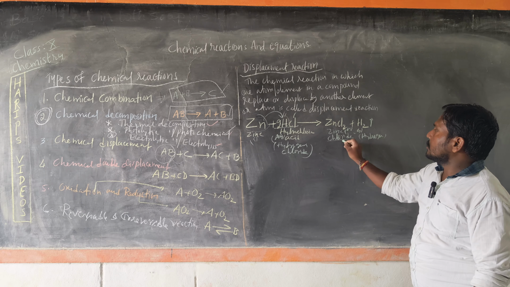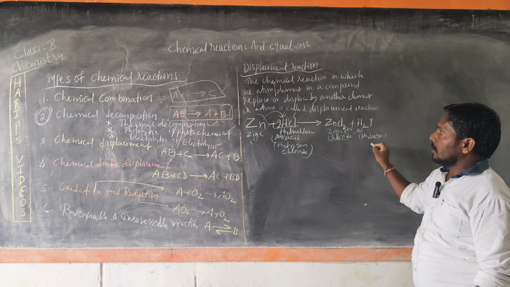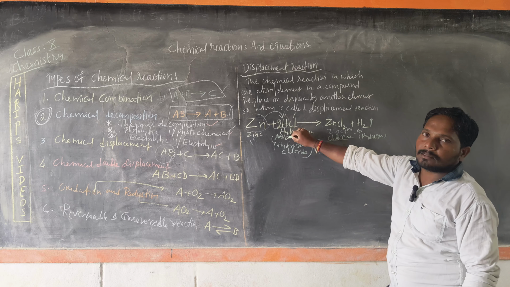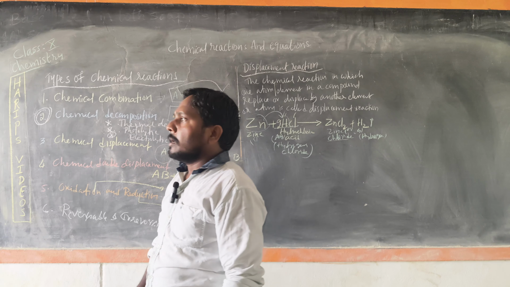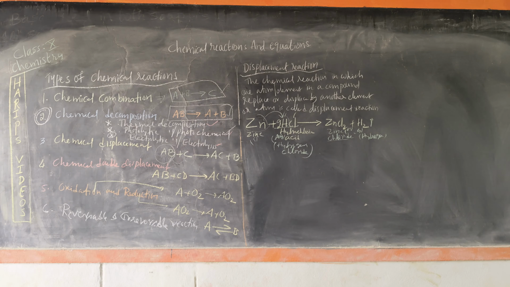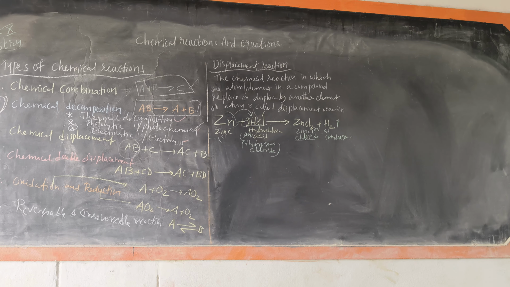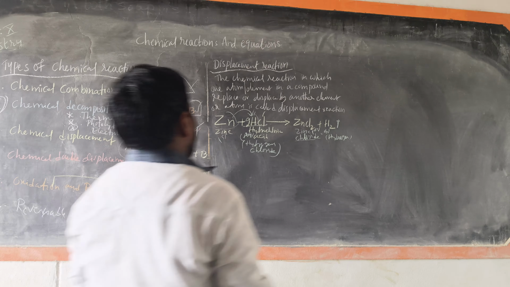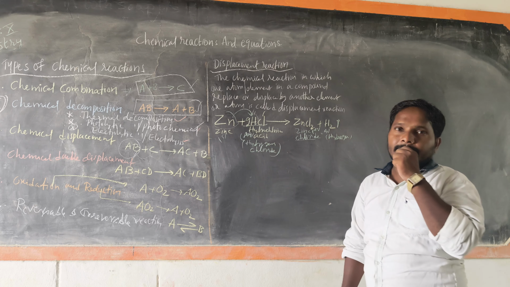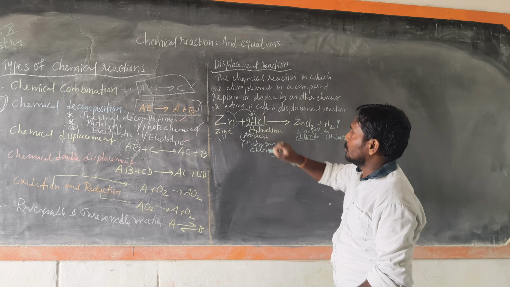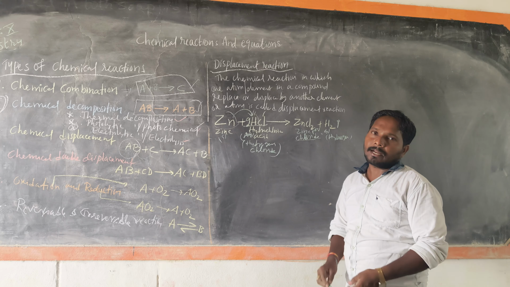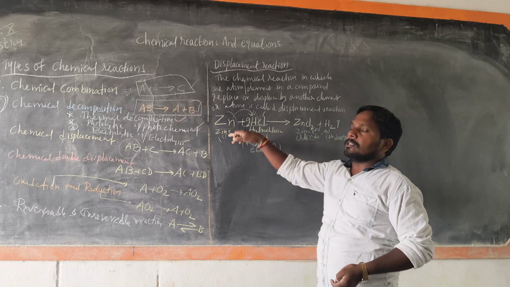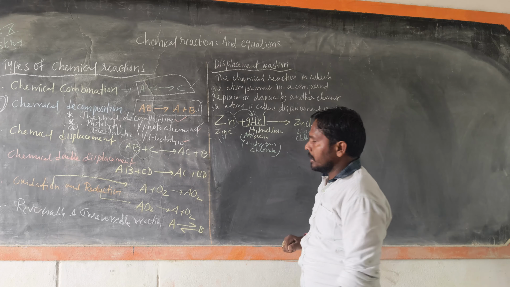So it forms zinc chloride and hydrogen. One element or atom is displaced by another element or atom. Such kinds of reactions are called displacement reactions. Okay. So here zinc replaces the hydrogen from hydrogen chloride or hydrochloric acid because zinc is more reactive than hydrogen.